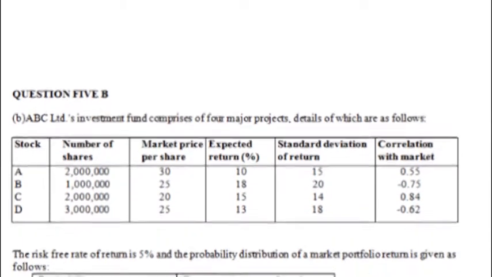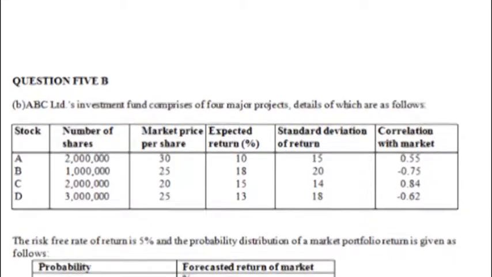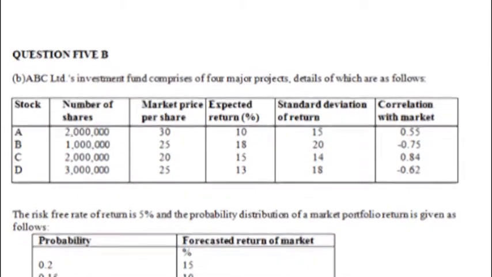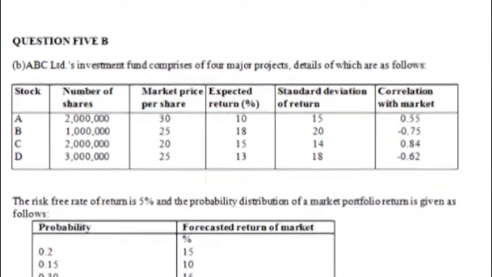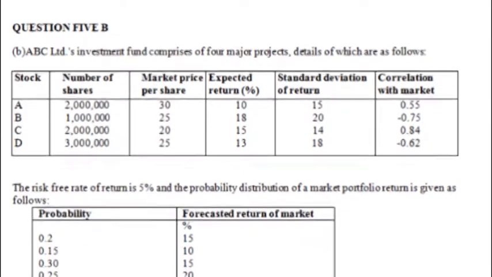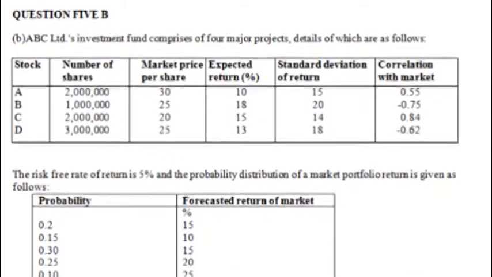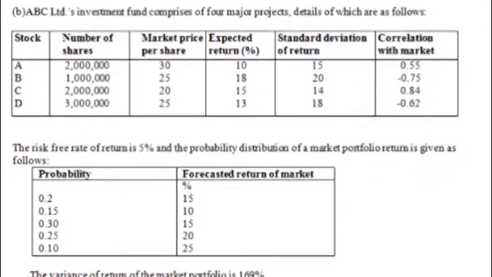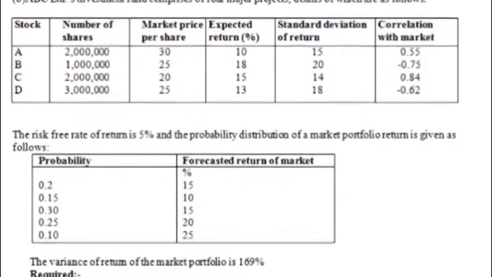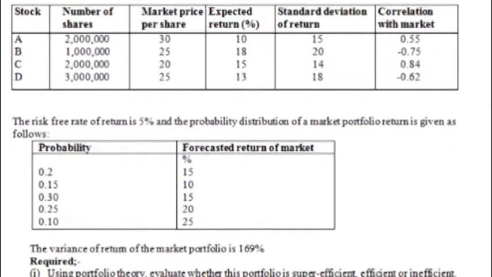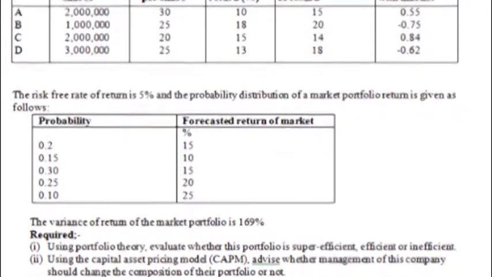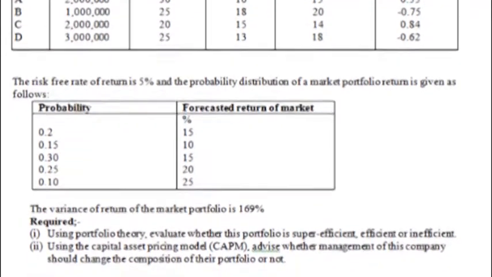The risk-free rate of return is 5%, and the probability distribution of a market portfolio return is given as follows. We have the probability, the forecasted return of the market, and the variance of returns of the market portfolio, which is 169%.